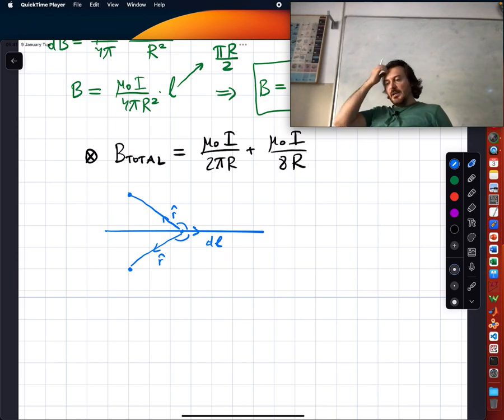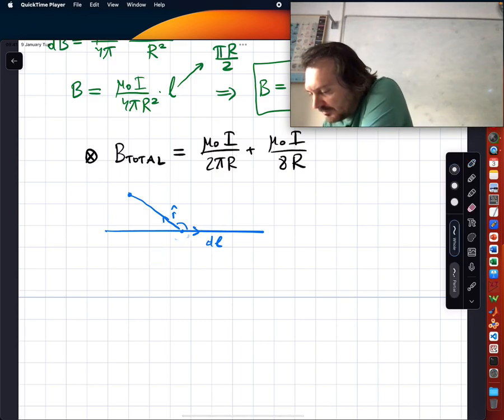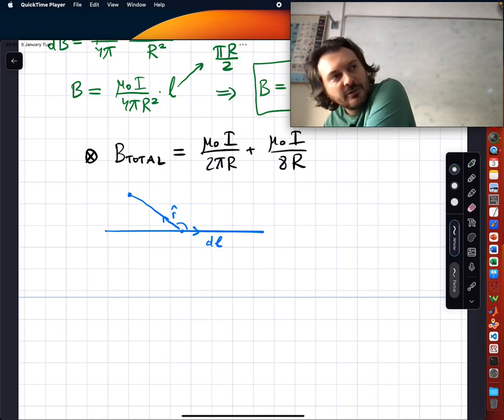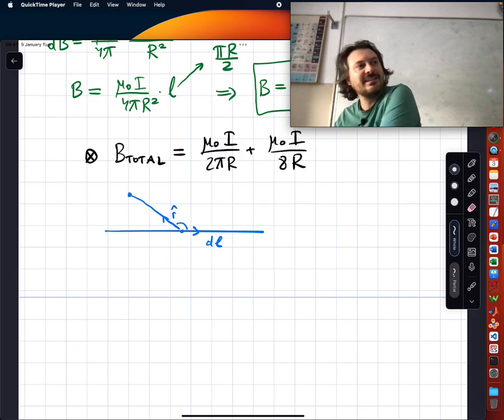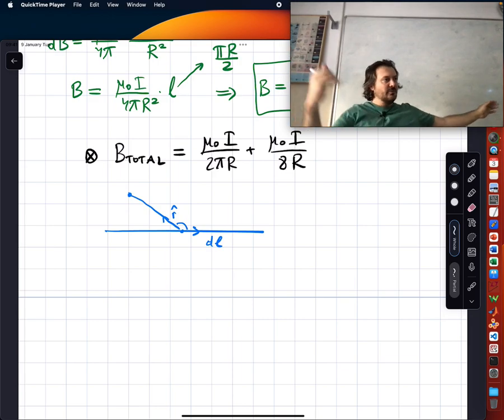If that point was on the wire, you never write the cross product with this angle, right? You always use the smaller angle. That's basically what it is. Let's say you have two vectors like this. You never think about that angle, right?